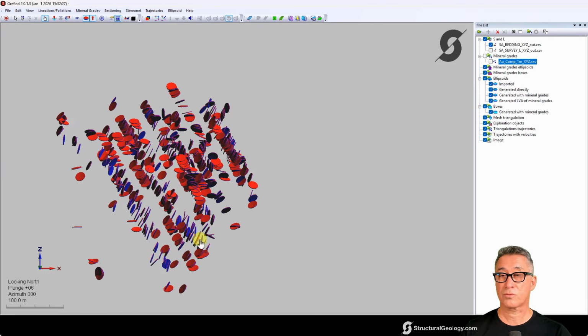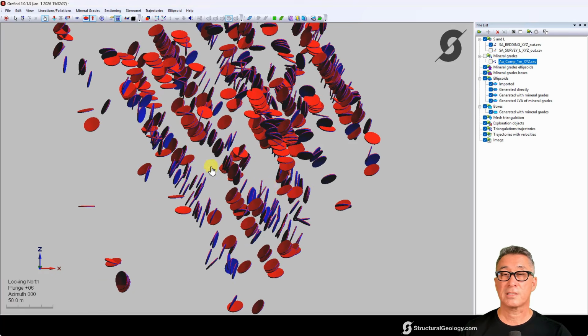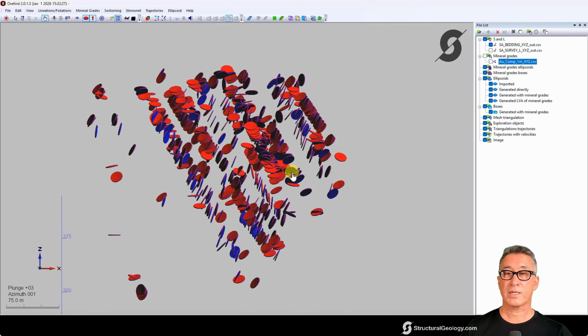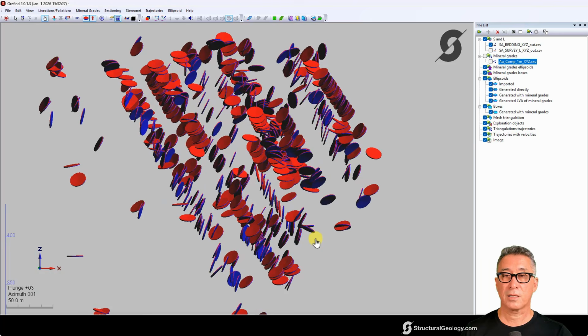I'm looking towards the north right now. So you can clearly see that this is conforming with my expectations. The grade was dipping towards the west, so therefore I expect the bedding should be dipping towards the west, and sure enough, that is the case.